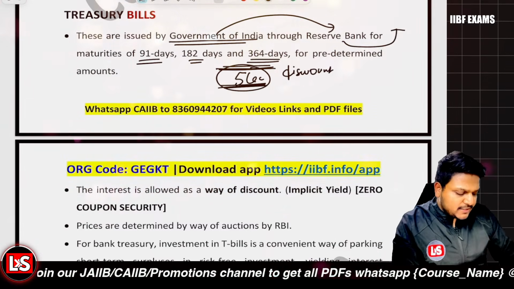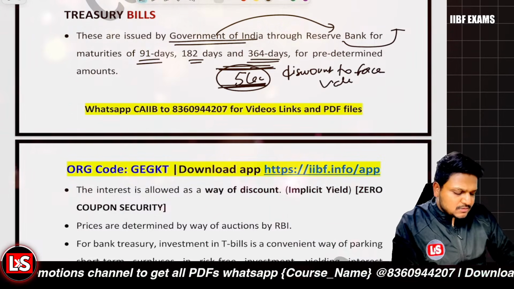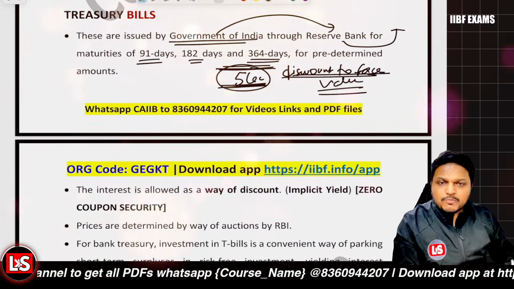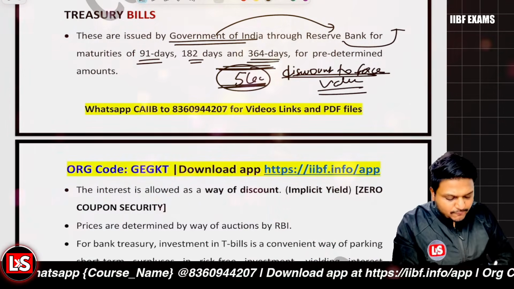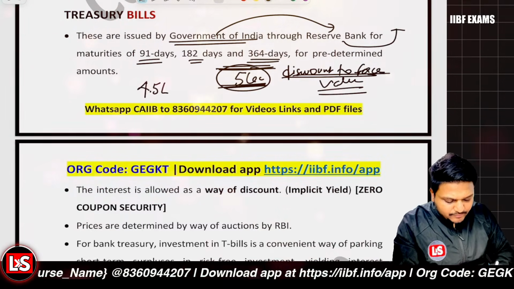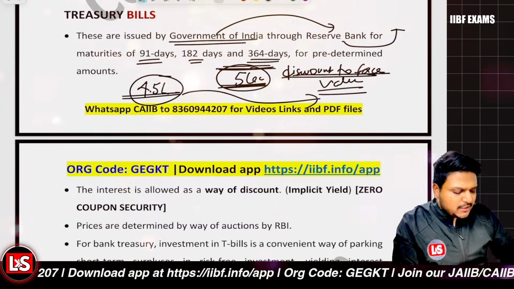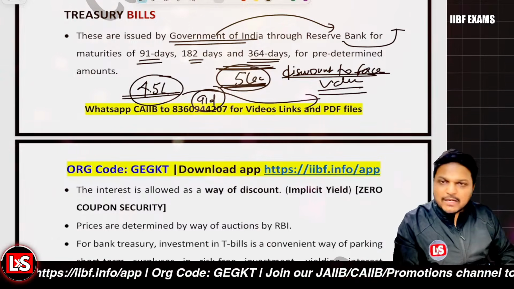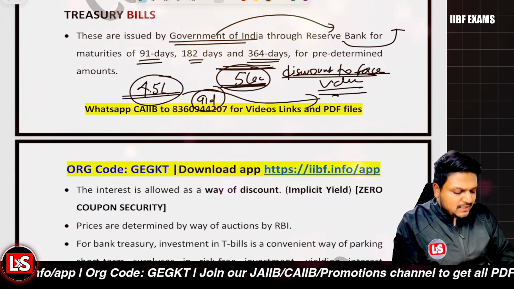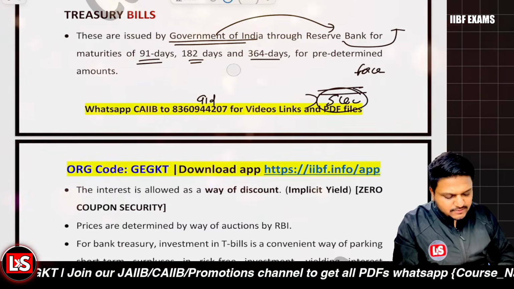What does that mean? You will be getting it at a lower price than the face value. Let's say we got it for rupees 4.5 lakh, and we invested in a 91-day treasury bill. At maturity after 91 days, we'll be getting 5 lakh rupees. That's basically the treasury bill.